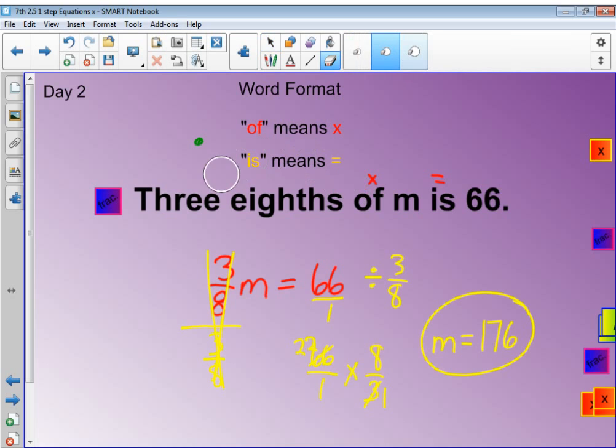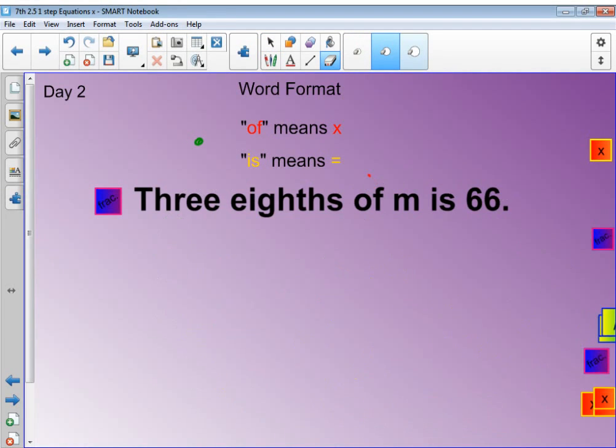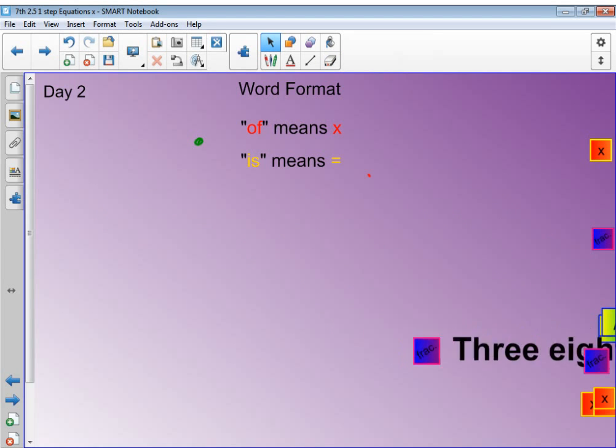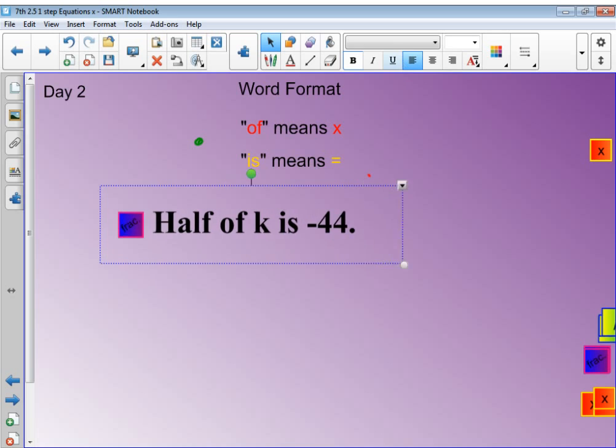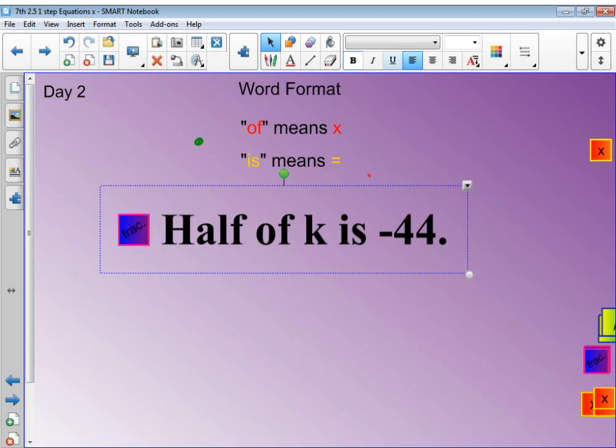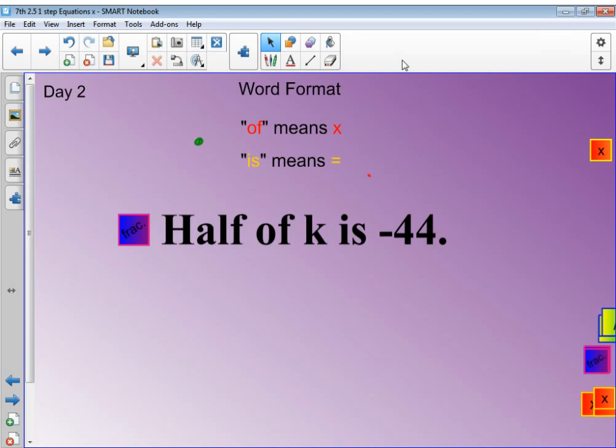Okay, so I want you guys to try one on your own. Okay, so half of k is negative 44.